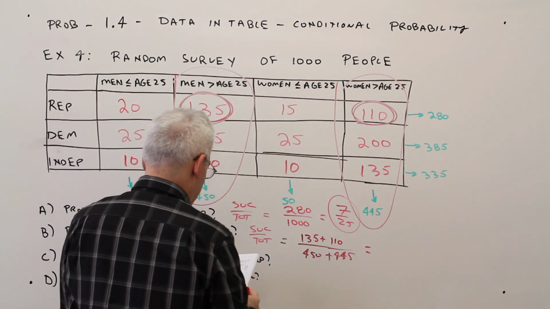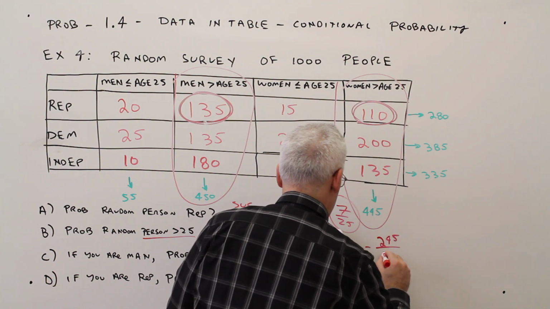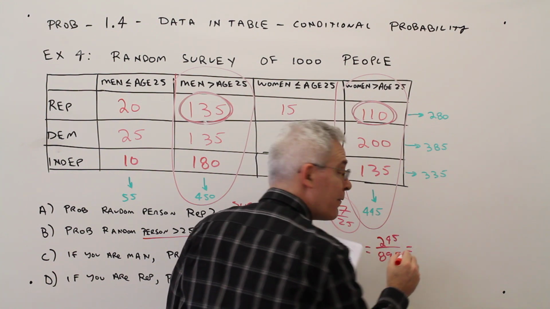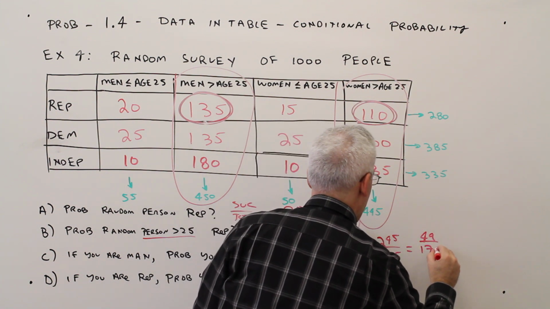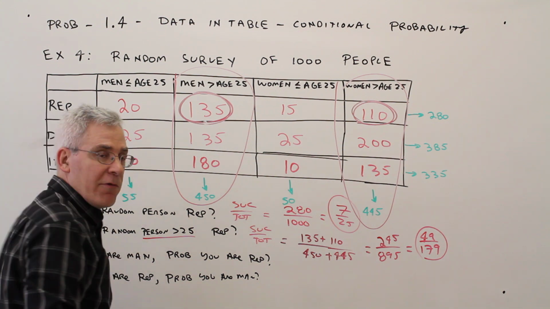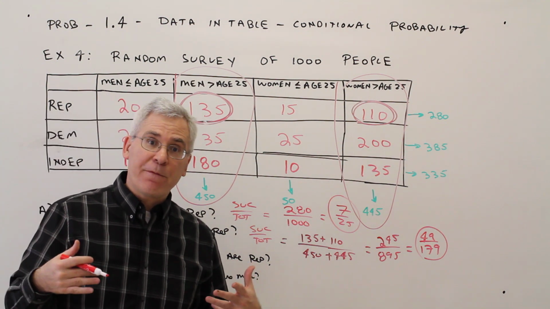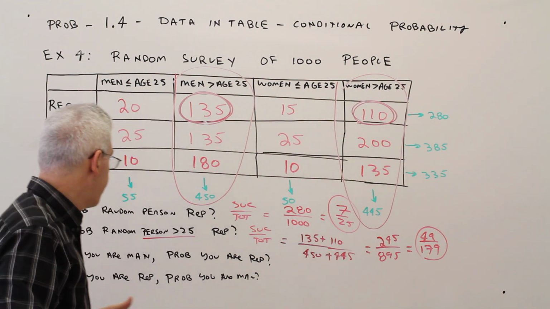I worked out the computations: you would get 245 over 895, which reduces to 49 over 179. We'll agree to leave the answers in exact simplified form unless otherwise specified.